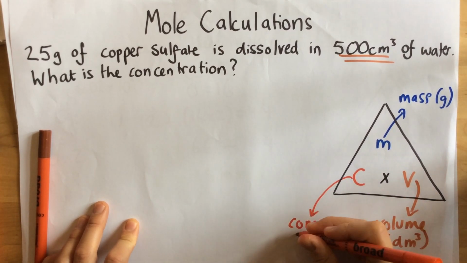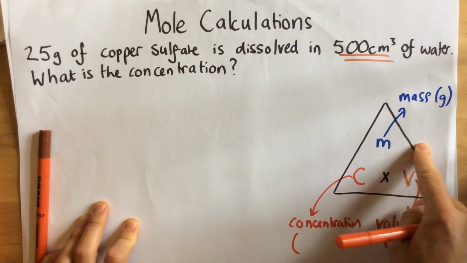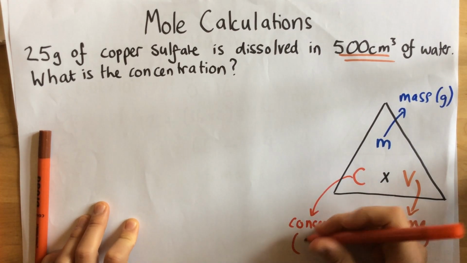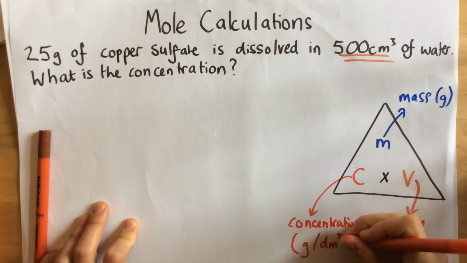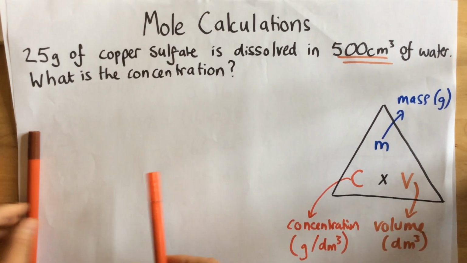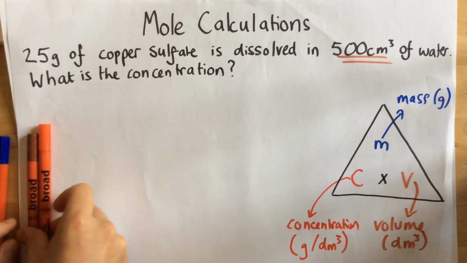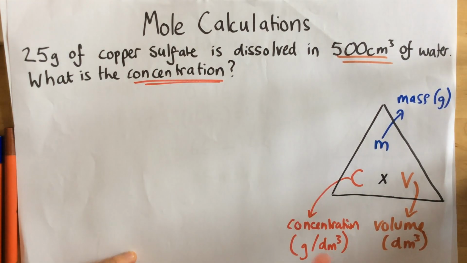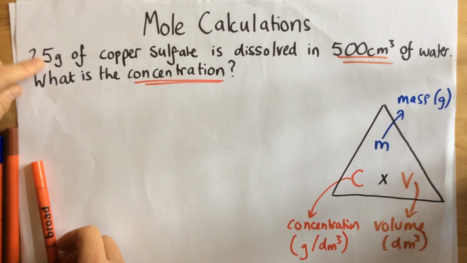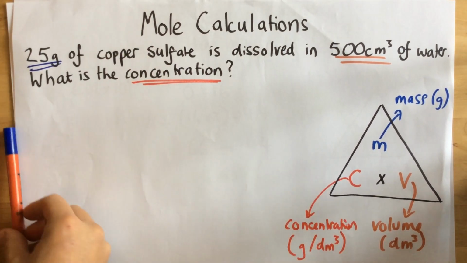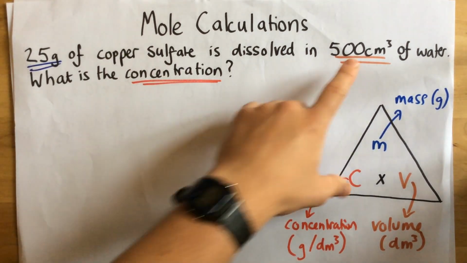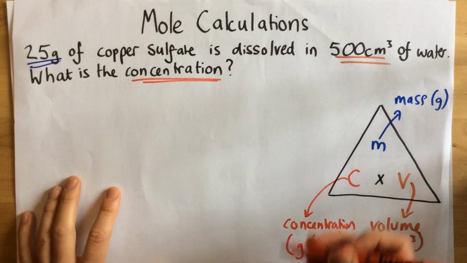Because we have grams over decimetres cubed, the units for concentration are grams per decimetre cubed. So we're looking to find the concentration, and right here is our mass. Before we can do this calculation, we need to convert this into decimetres cubed.